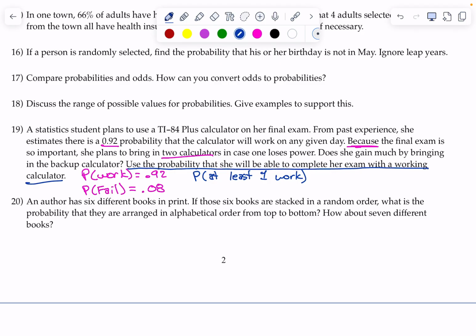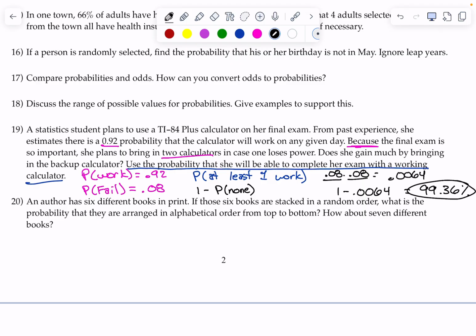So the probability that at least 1 works is 1 minus the opposite, which is the probability that none work. The chance the first one doesn't work is 0.08, and the second one doesn't work is 0.08, which gives 0.0064. Then 1 minus 0.0064 brings my chances to 99.36%.